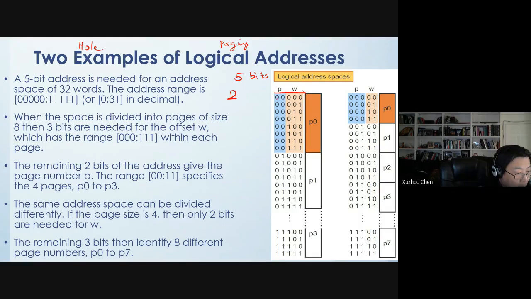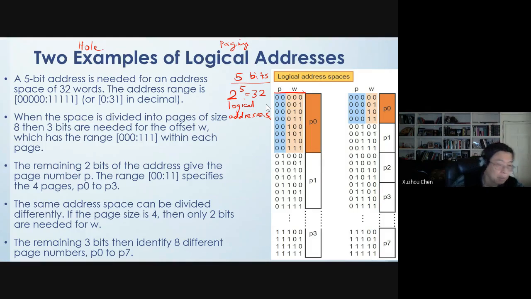Because we use binary numbers, 5 bits can represent 2 to the 5, which is 32 logical addresses. So that's the total size of the logical addresses.